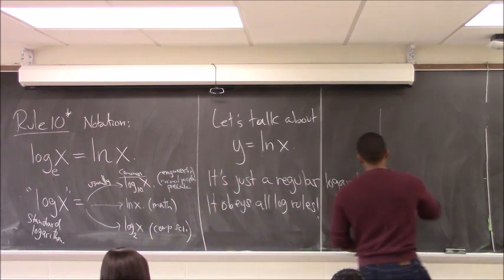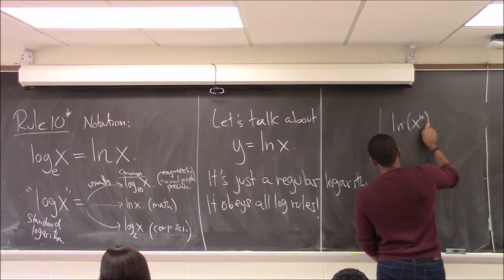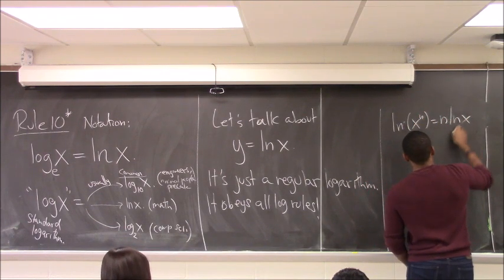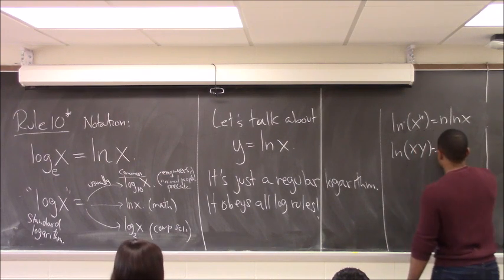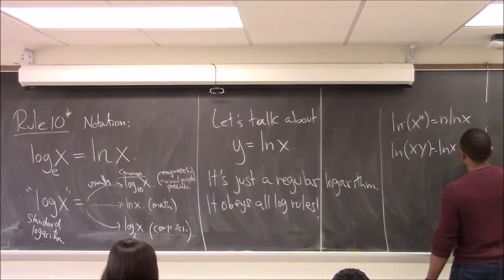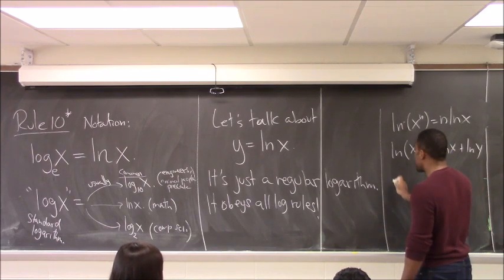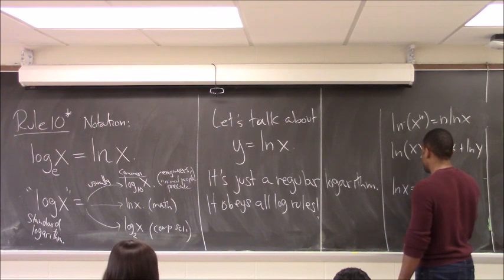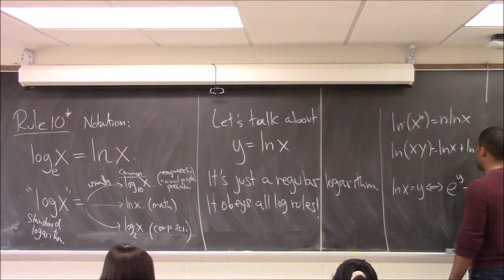Right? So if I have ln of x to the n, I can still move the power down and multiply. If I have ln of xy, I can still split it up as a sum of logs. If I have the definition, ln of x, if I say that's equal to y, it's the same as saying e raised to the y equals x, right?